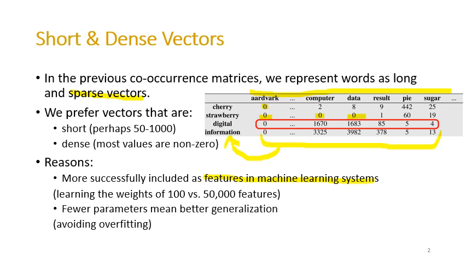Now, let me ask you, which is easier: learning the weights of 100 features or learning the weights of 50,000 features? Of course, 100 is easier, because to learn 50,000 features accurately, you may be able to do that, but you may need a lot more training data to get the correct weight for each feature.